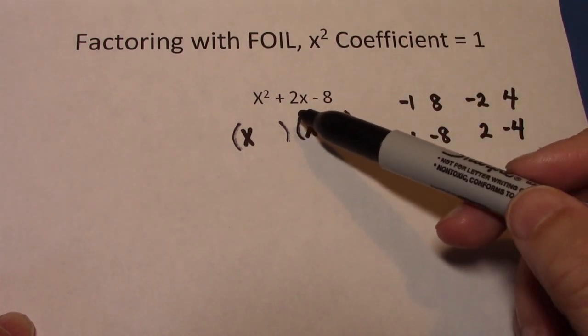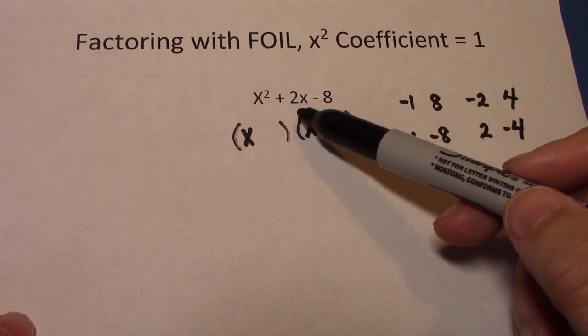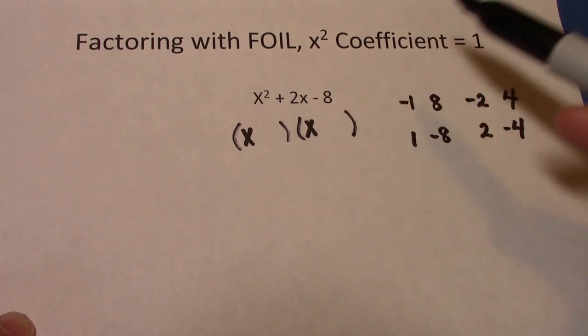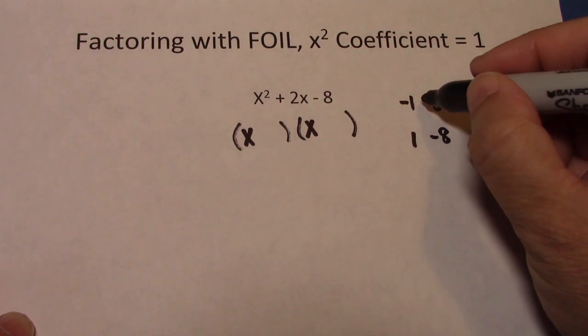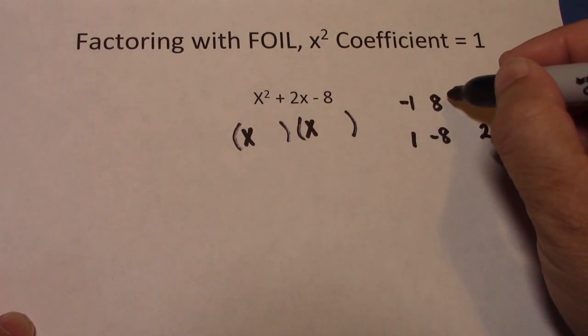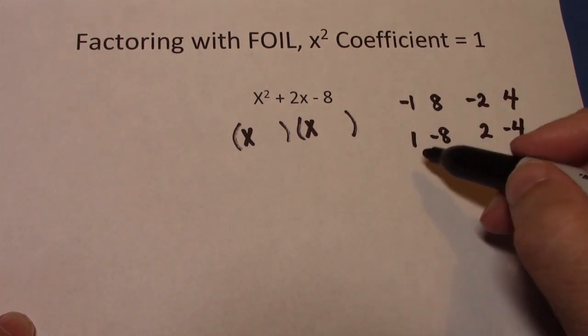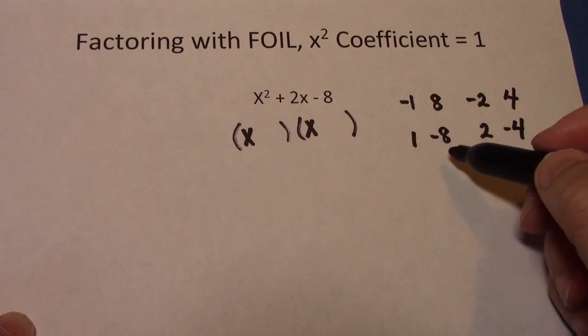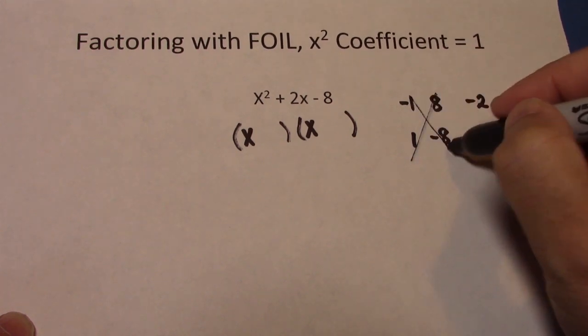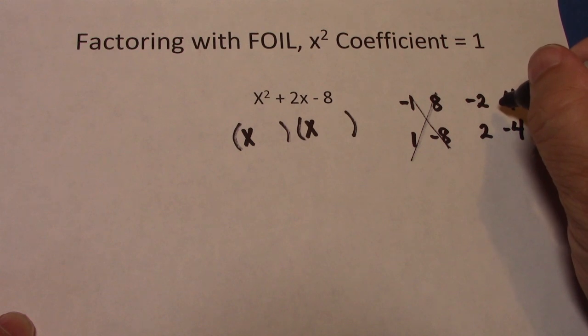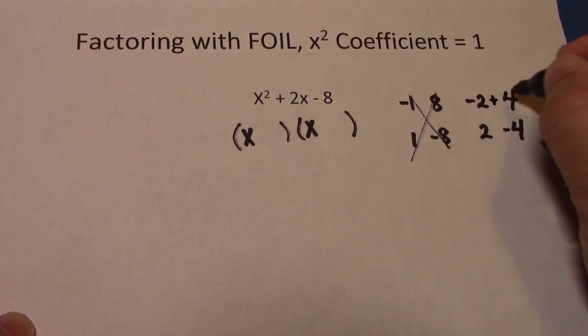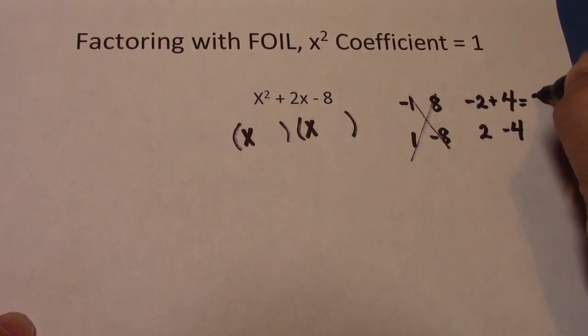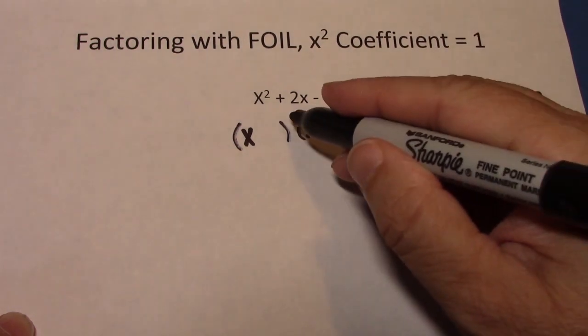But remember, they have to add together to give me a positive 2. Well, negative 1 plus 8 gives me 7. 1 plus negative 8 gives me negative 7. So it's not these. Negative 2 plus 4 is 2. Aha! I think I've got it.